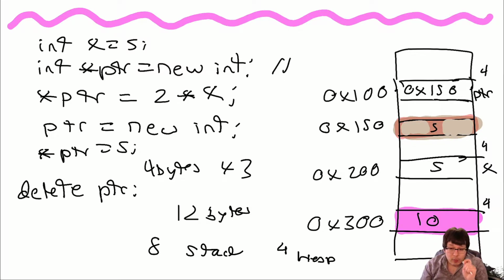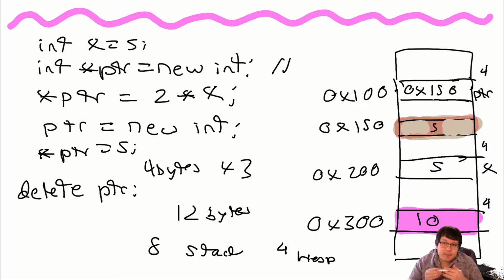Furthermore, before we talk about what that can cause, let's talk about what we already have caused, which is, here's the thing. When we did delete PTR, we've only deallocated this address. But what about this one? What about address 300 that had the 10 in it? That's still allocated to us, but we didn't delete it. And why is that? Because we called delete PTR.